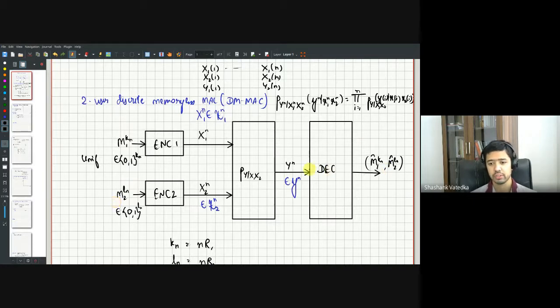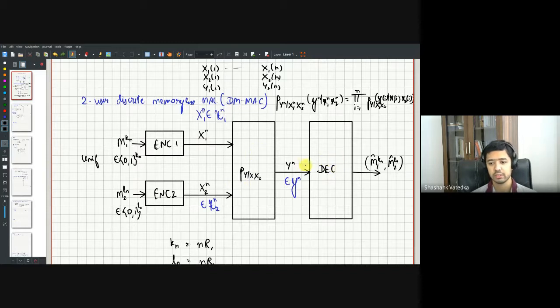So the receiver observes the output of the channel and then has to make an estimate or a guess of what M1 and M2 are. So for this purpose, what does each user do? Each user encodes its particular message to a code word or a sequence, and then transmits it across the channel.